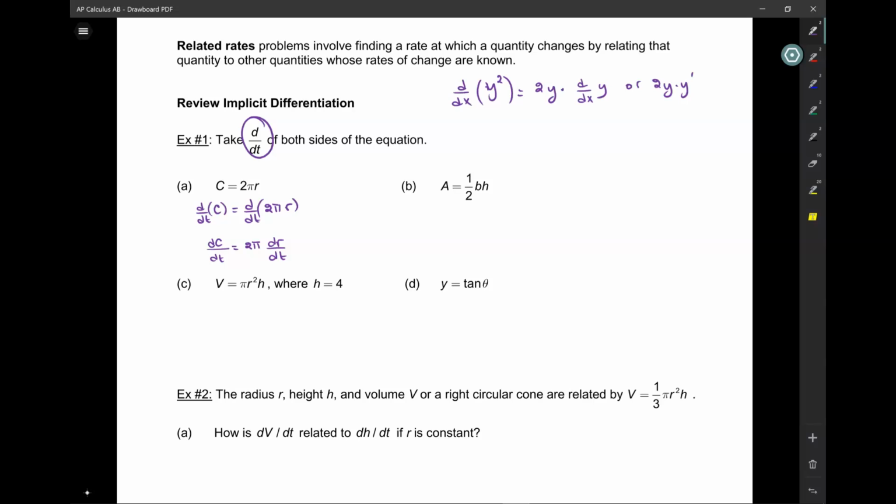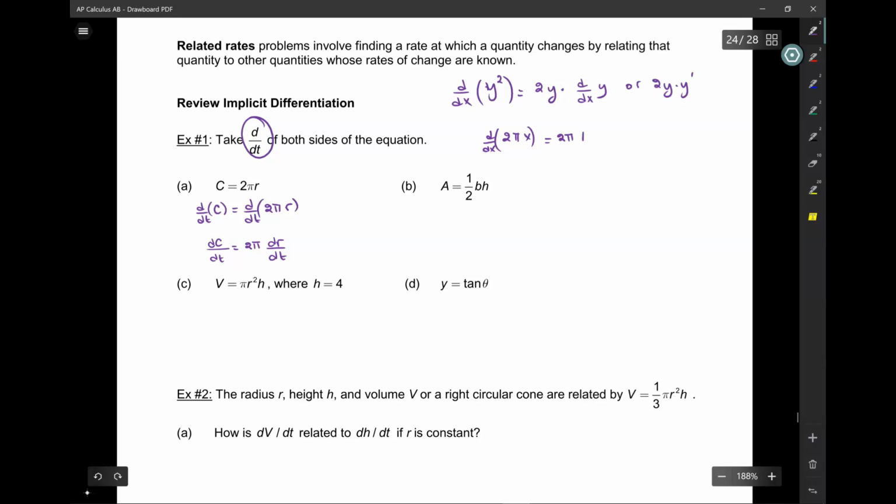So if it was, let's say, 2 pi x, and I wanted to do d/dx, what would that be? That would be 2 pi times the derivative of x, which is 1.